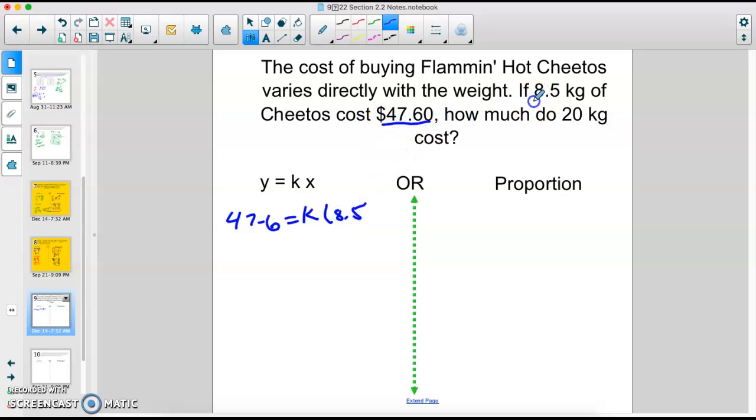So here's our kind of our blue numbers, and then we're going to try to figure out how much 20 kilograms costs. Okay. So then we divide by 8.5. We get k, our constant, equals 5.6.